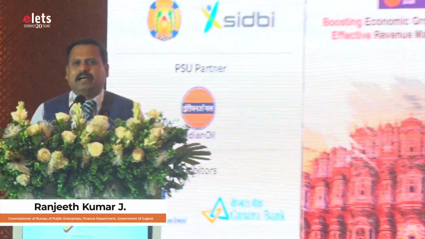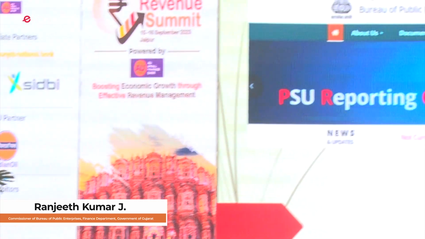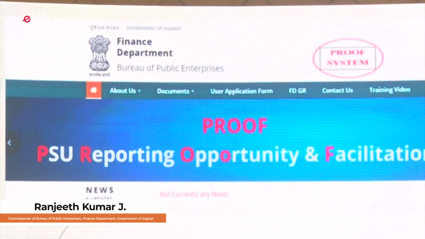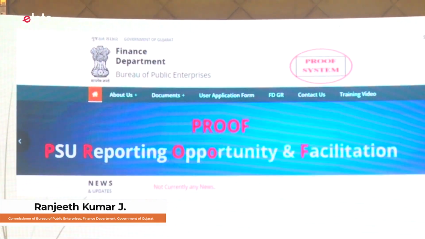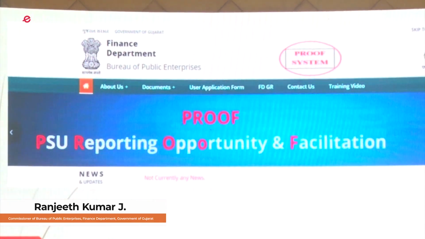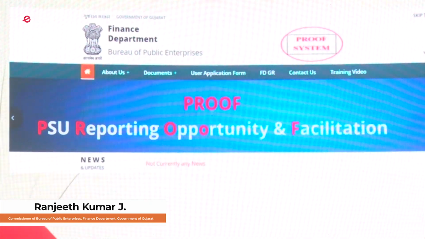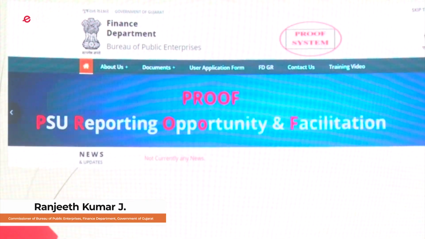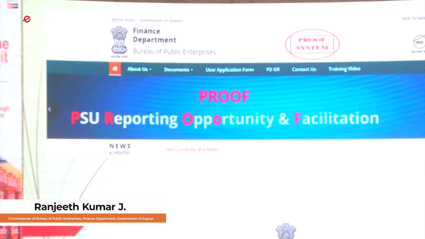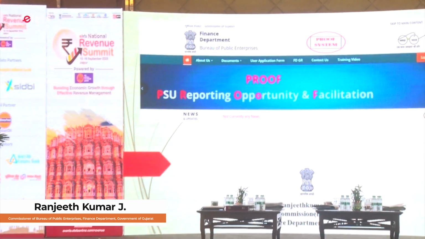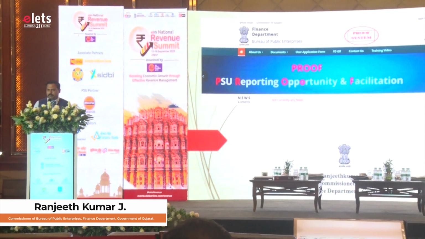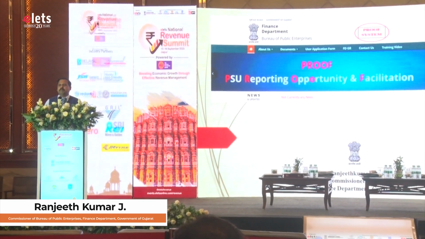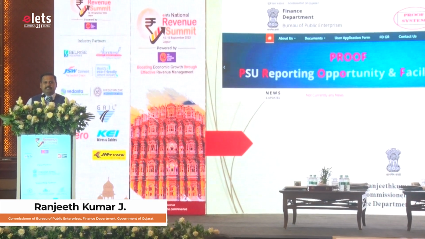Before that, I want to give some brief introduction about what is the need for this bureau. After independence, we did not have the proper infrastructure and basic industries. That's why at the time of industrial revolution, many states, including the central government, started many companies, many corporations.